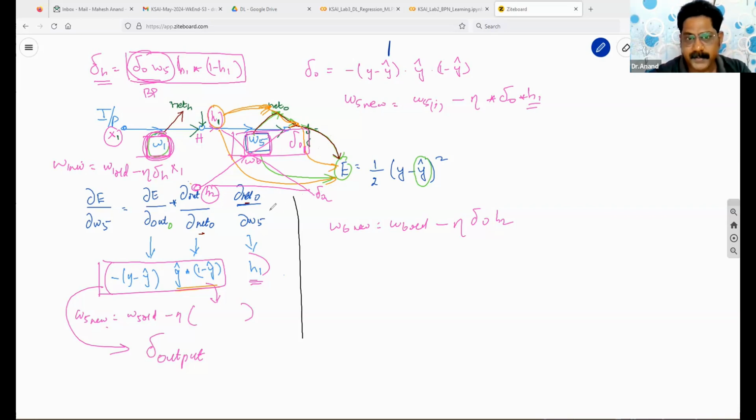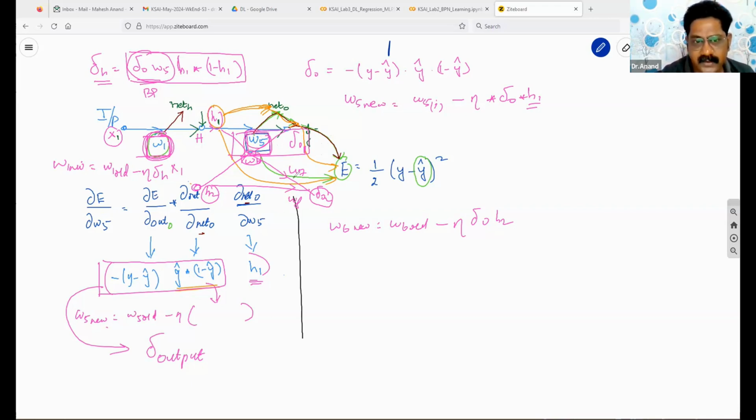But as per the PPT architecture, it's given as two nodes, right? If you have two nodes, you will have two calculations, delta O1 and delta O2. So using delta O1, you have to adjust W5 and W6. Using delta O2, you have to adjust W7 and W8. If you have only one node, that is a common delta to adjust W5, W6, W7, W8. But accordingly, you have to use the scale factor.